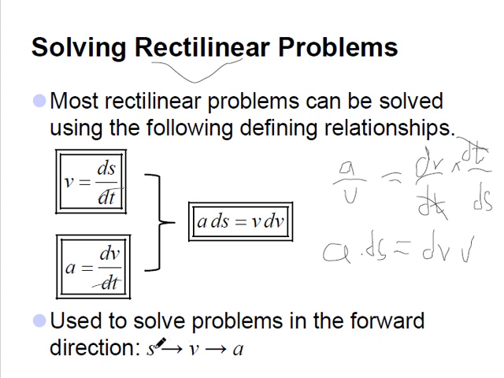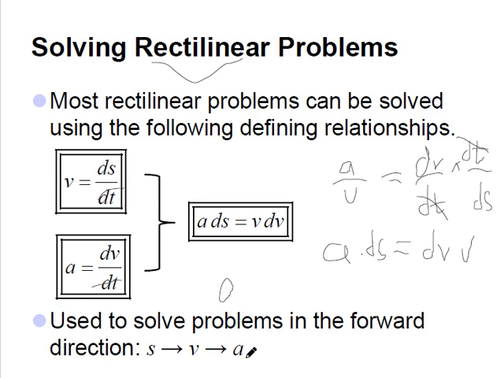You start with position, calculate velocity, and then calculate acceleration. So this is a mathematical approach. It's going to help us break down the motion that we're studying step by step. So we're looking at the motion starting from the position of the particle, and then we look at the velocity of the particle in that motion, and then finally we look at the acceleration of the particle in the same motion.